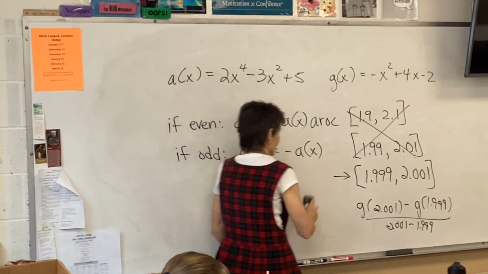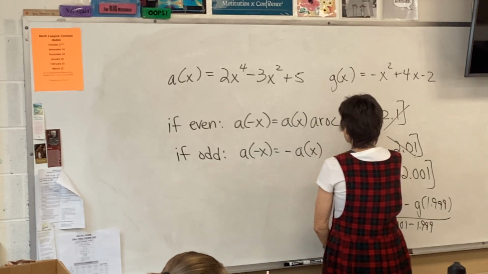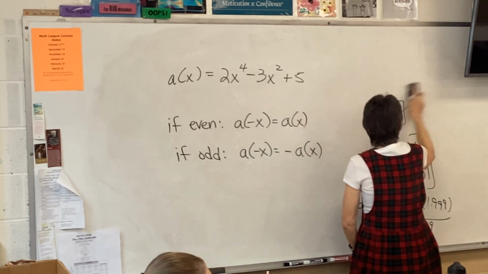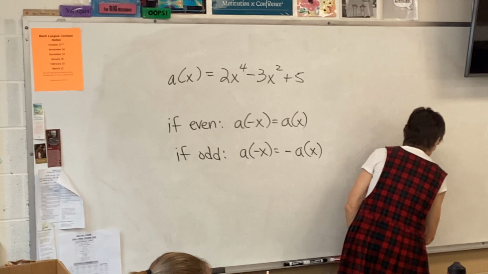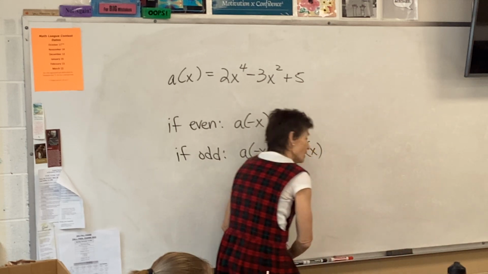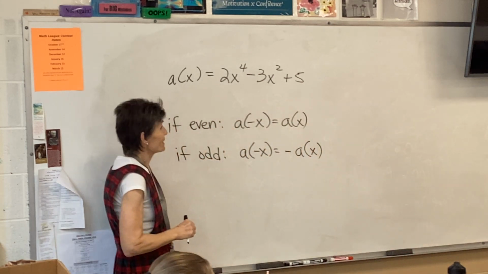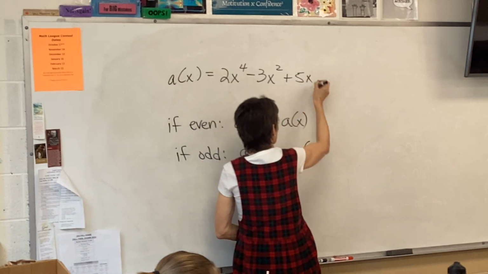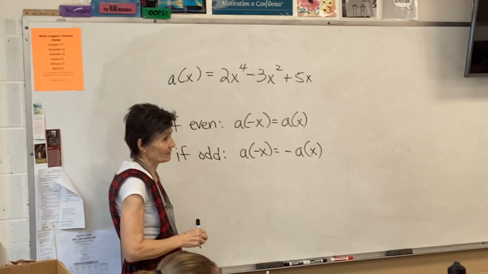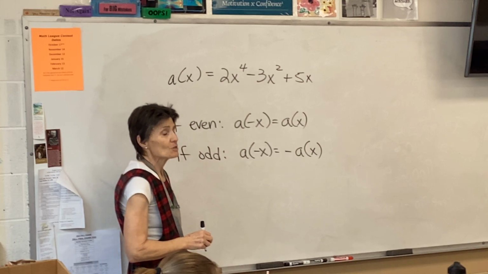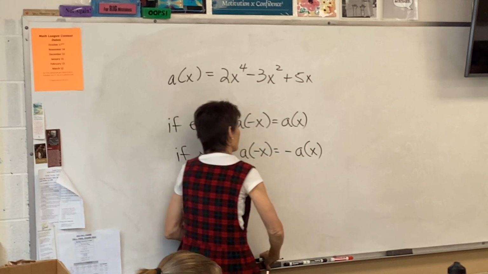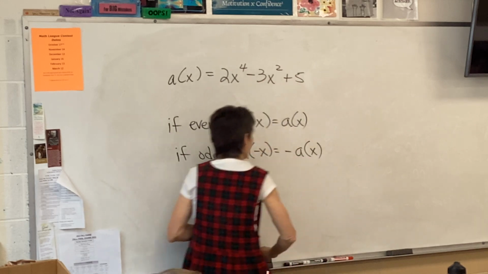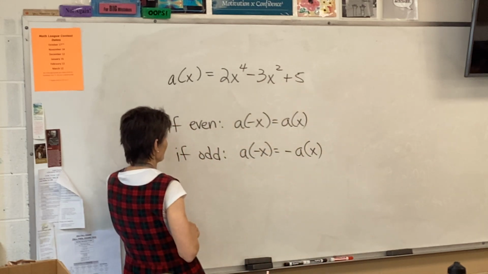Those are the definitions of being an even and an odd function. Now, this one is going to work out to be even, but if I put a 5x here, now it's not even anymore, but nor is it odd. So don't just look at the problem.